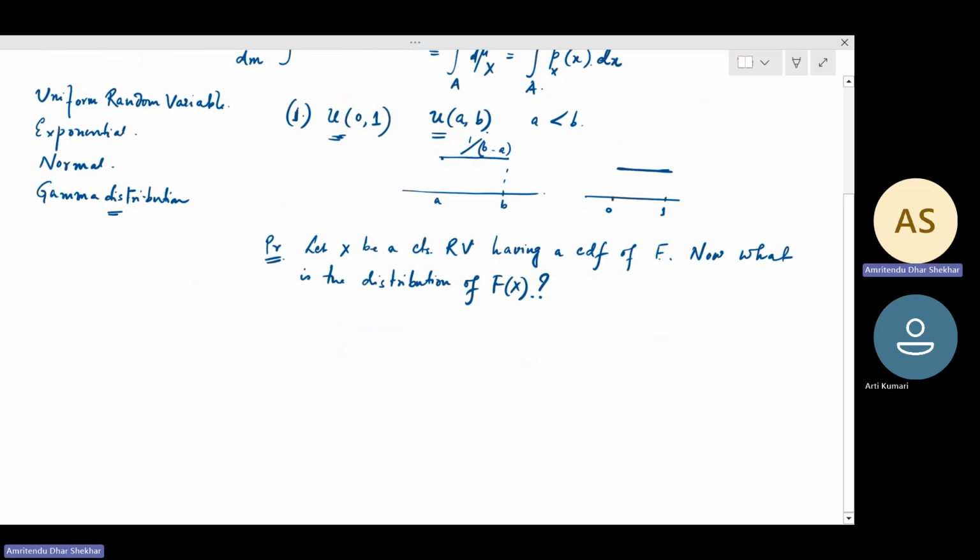You have a random variable x, and you're taking the CDF of x, which is capital F. Now, what I do is that I consider the random variable F of x. This is a perfectly legitimate random variable, and I ask you what is the distribution of this random variable F of x.